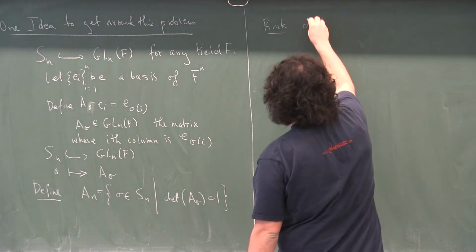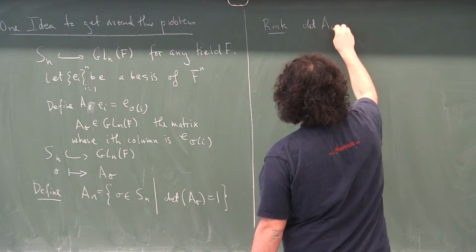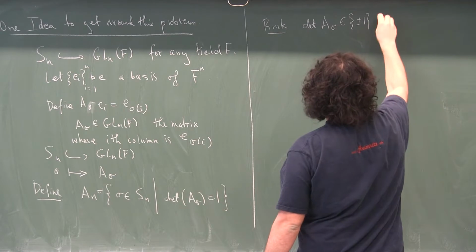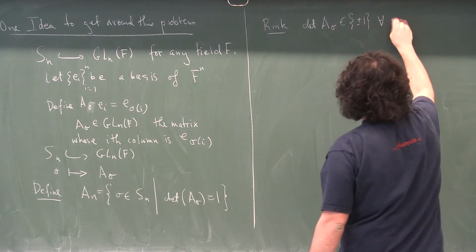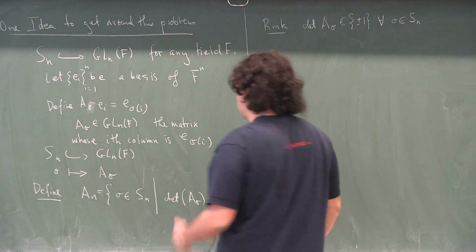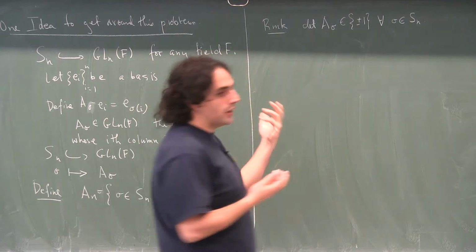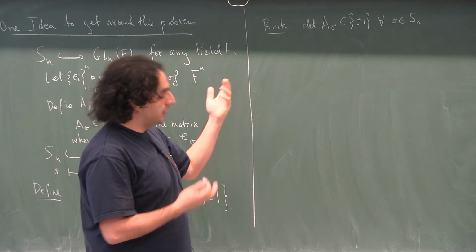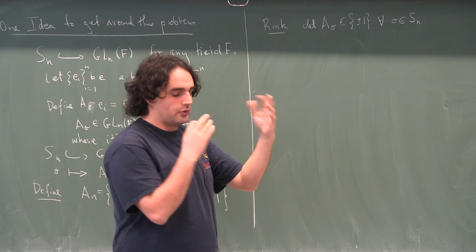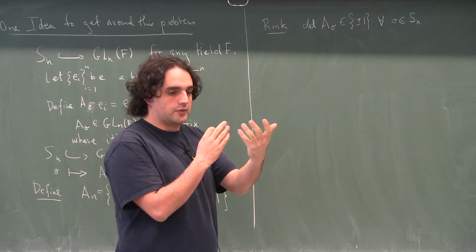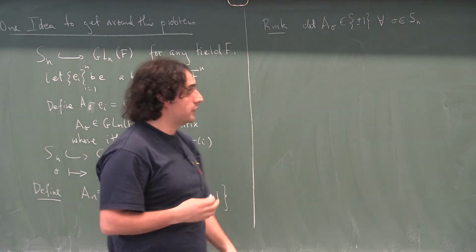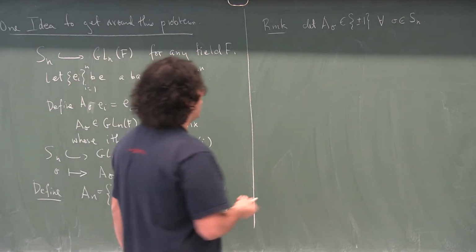So the determinant of A_sigma is always either plus or minus 1 for all sigma in S_n. And by what I just told you, to compute the determinant, you can start from the identity matrix and swap columns two at a time. You know that that's multiplying the determinant by -1.